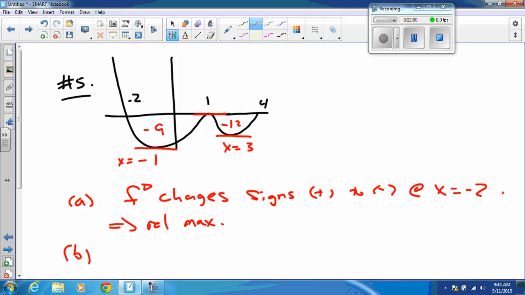Upon what open intervals contained in -3 to 4 is the graph of f both concave down and decreasing?